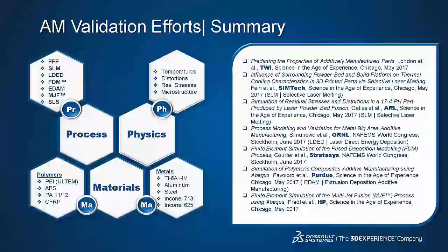So in terms of customers, we have worked with DuPont for FFF validation. We have worked with TWI and SIMTech for SLM validation, with Oak Ridge for LDED, with Stratasys for FDM, Purdue for EDAM, HP for multi-jet fusion, and SLS with an automotive OEM.